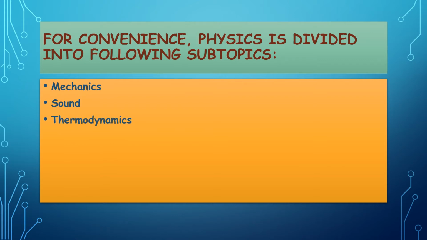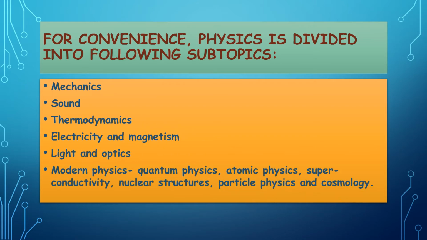Third, thermodynamics. Fourth, electricity and magnetism. Fifth, light and optics. And sixth, modern physics, which includes quantum physics, atomic physics, superconductivity, nuclear structures, particle physics, and cosmology.